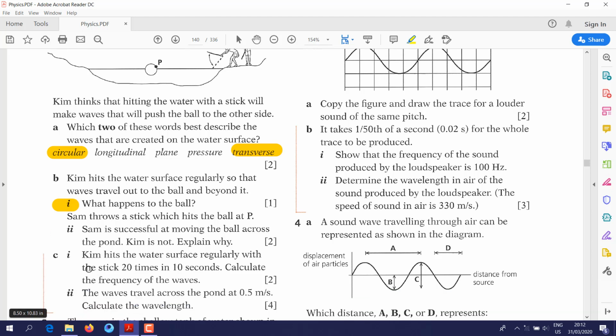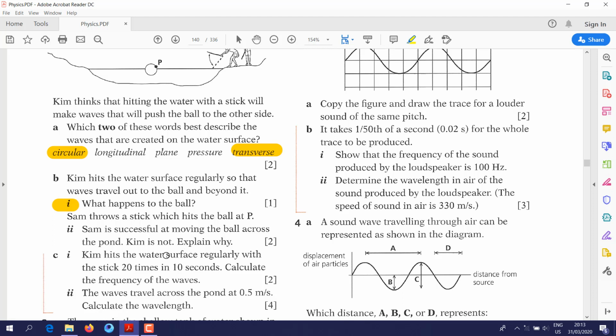C. Kim hits the water surface regularly with the stick 20 times in 10 seconds. Calculate the frequency of the waves. To find the frequency, the definition of frequency is what? How many times the wave passes a specific point per second.